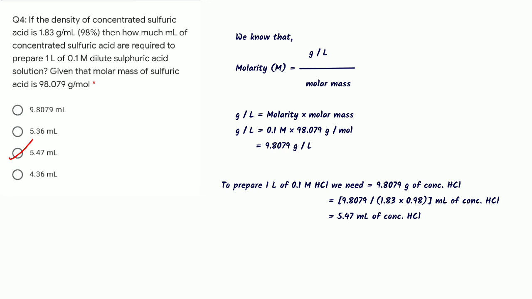You can go through that video also if you haven't. In that video we discussed normality, but here it is molarity. The difference is that in place of molar mass, in the normality case we used equivalent mass.